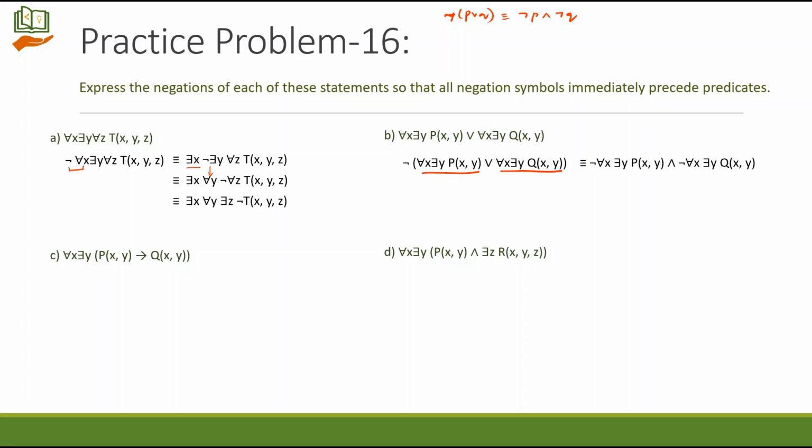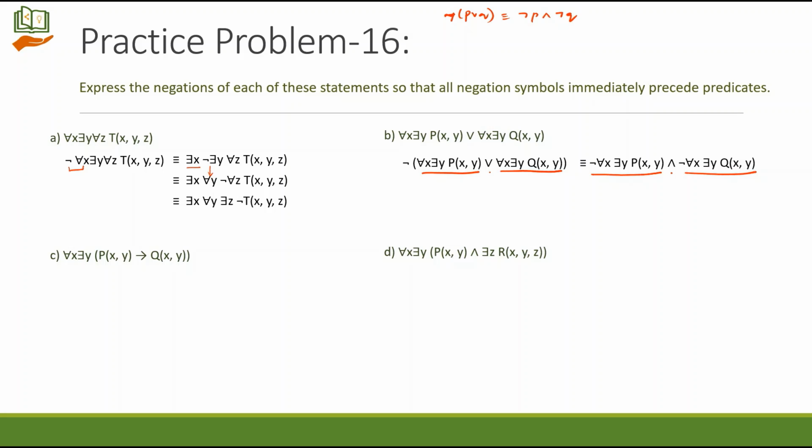So this negation will be applied to this particular P term. Disjunction is changed to conjunction here. Then this negation is applied to the Q term here. We have to move the negation in both the sides, that is before conjunction and after conjunction.